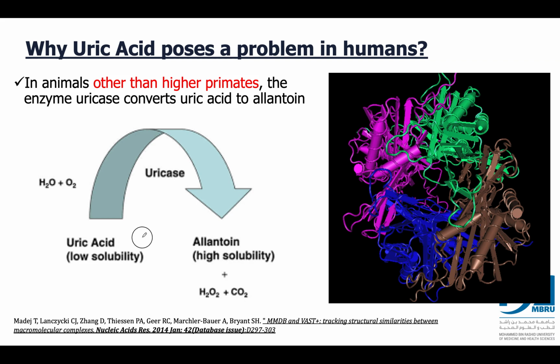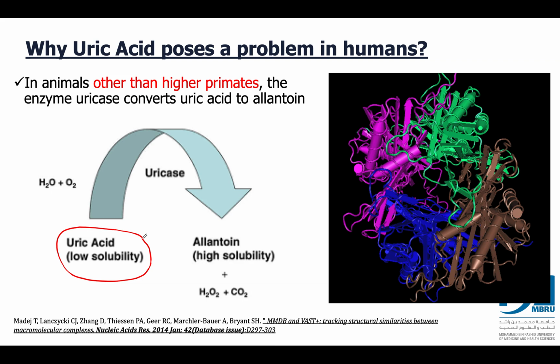The key reason behind this is that uric acid has very low solubility, and at lower temperatures this uric acid crystallizes, and this particular phenomenon is responsible for gout-like symptoms.